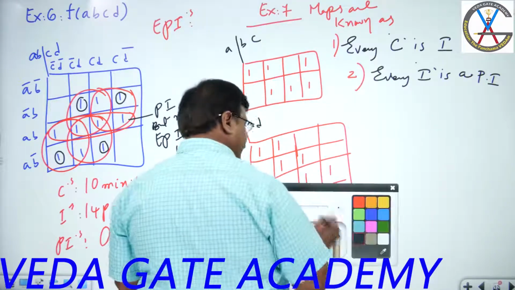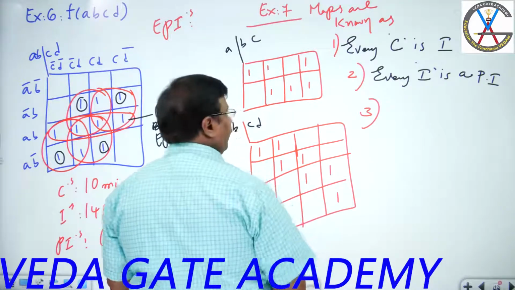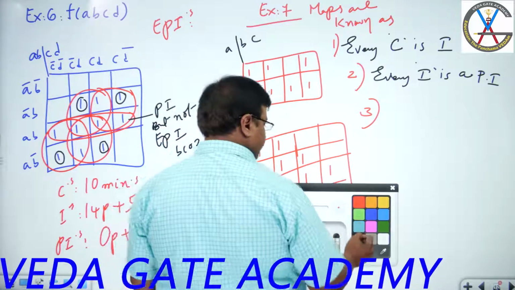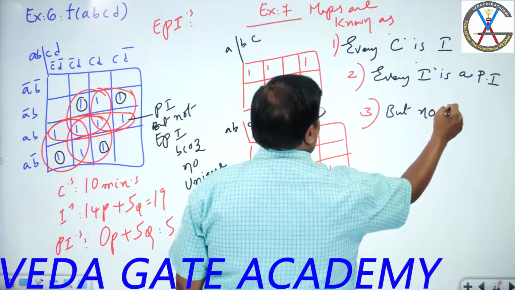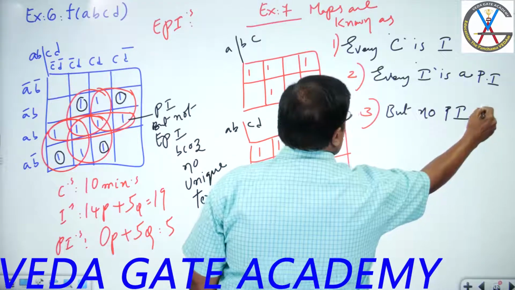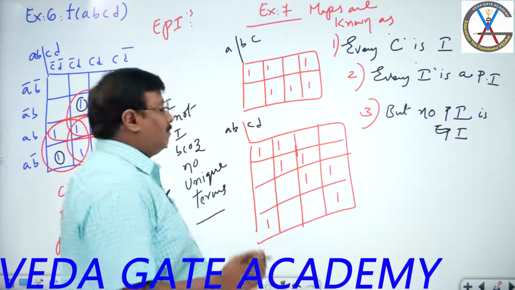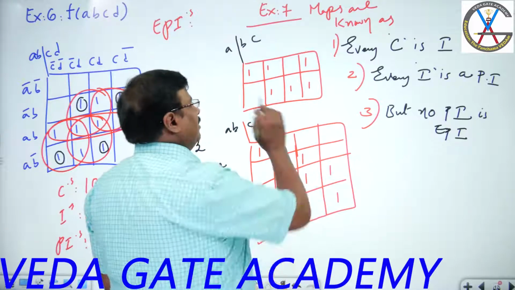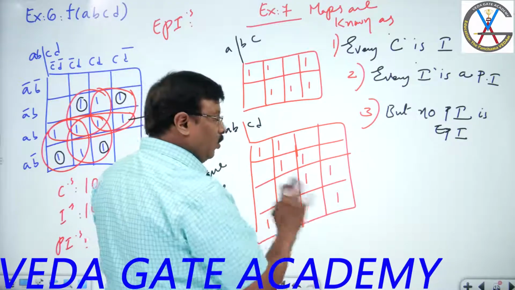Statement number 3: but no PI is an EPI. I repeat, no PI is an EPI. Is it correct? Yes. All pair possibilities are there, but no unique pair.